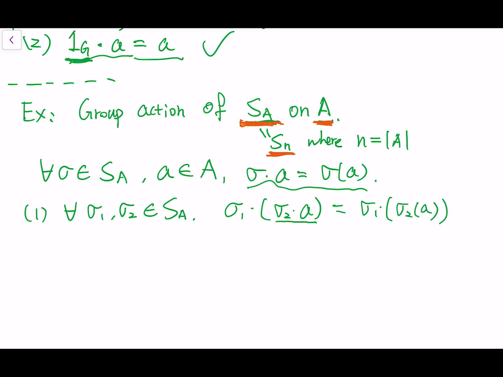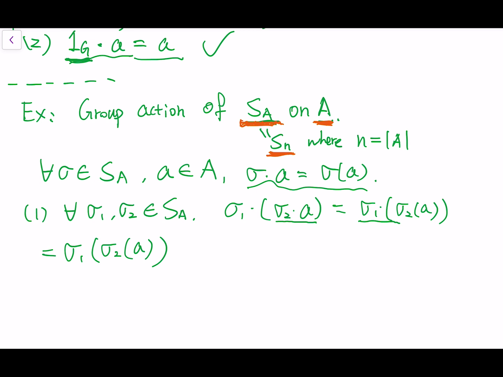This is out. Okay, and this one also equals sigma 1 act on sigma 2 permute A. So we get this one.